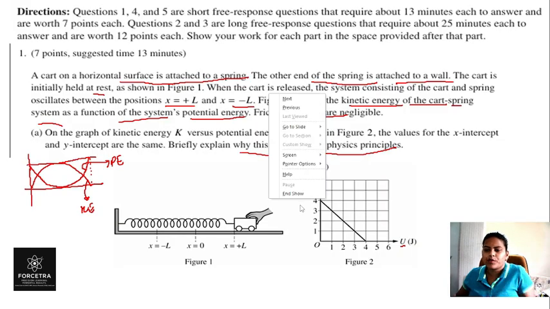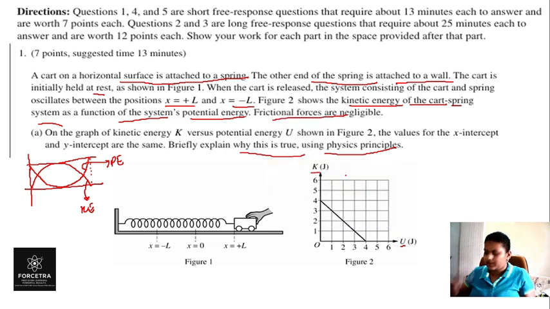So how do we prove that this is correct? At any point, kinetic plus U should be constant. Let's check at this point. What is the kinetic plus potential? Kinetic is 4, potential is 0, so this is 4.